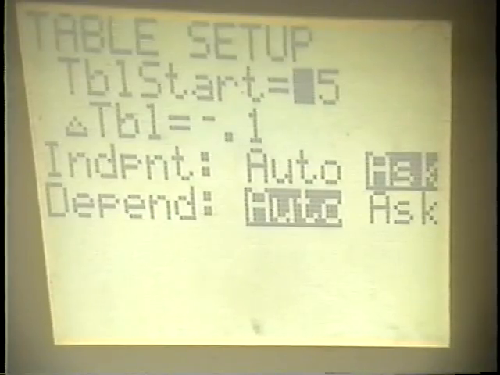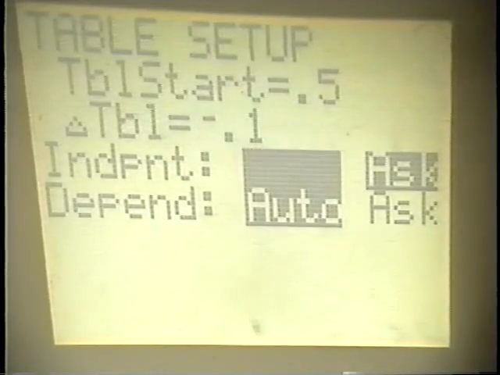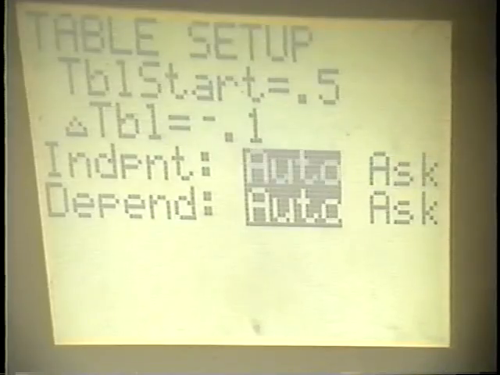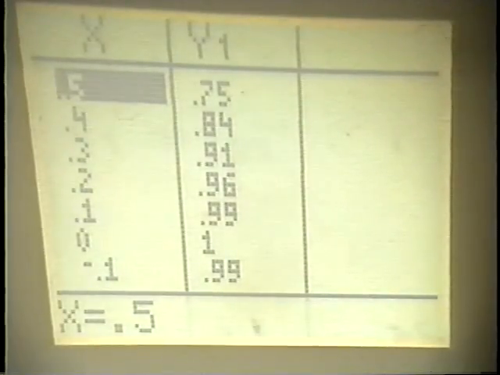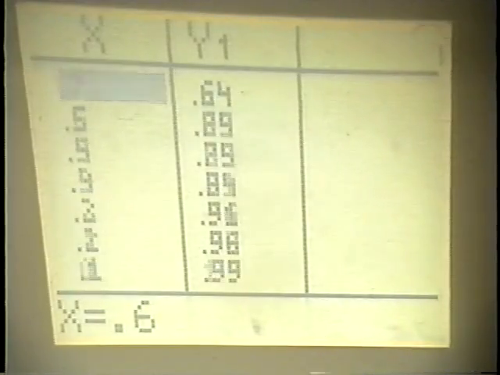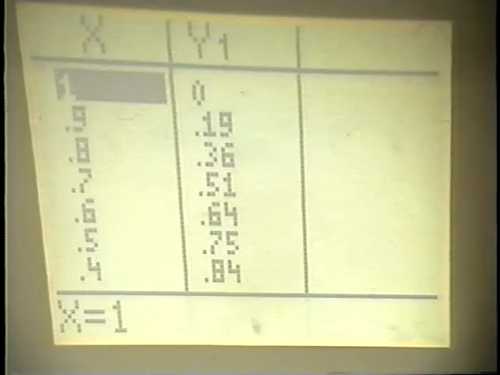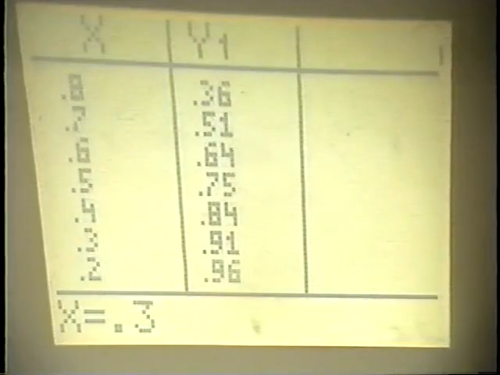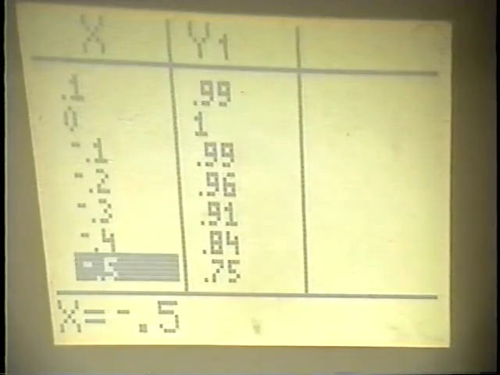If you have it the other way, if you hit enter here and you then hit table, it will automatically give you values for X and the corresponding values for Y. And you can go up or down in any direction. However, most of us want to be able to put in our own values. So we go back to second and table set.